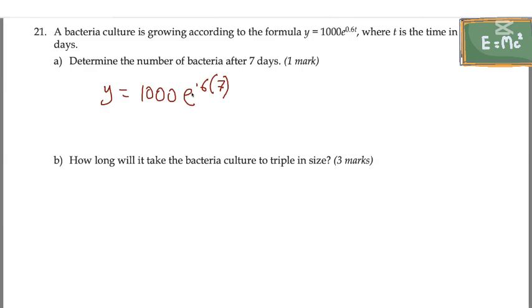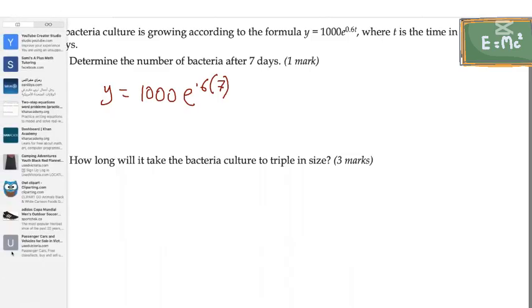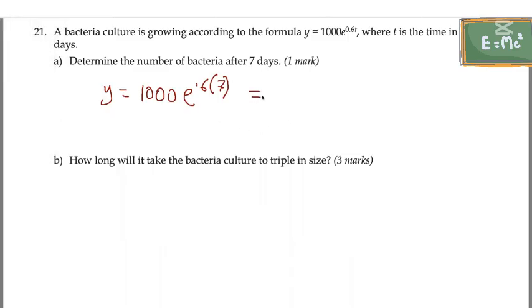So 1000 times e to the power of 0.6 times 7. And it gives me 66,686 bacteria, or bacterias, or whatever the plural of bacteria is. So that's the answer for this.